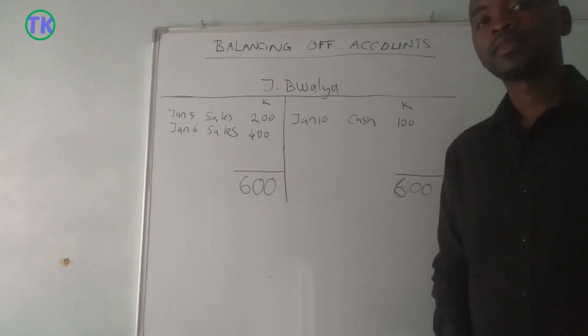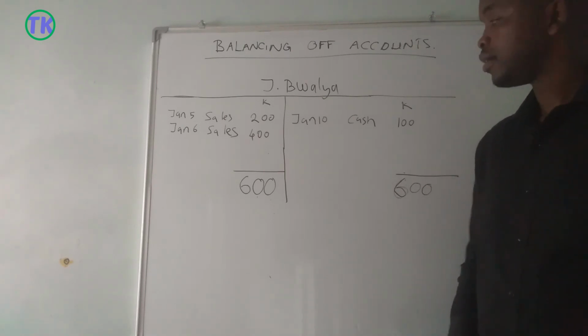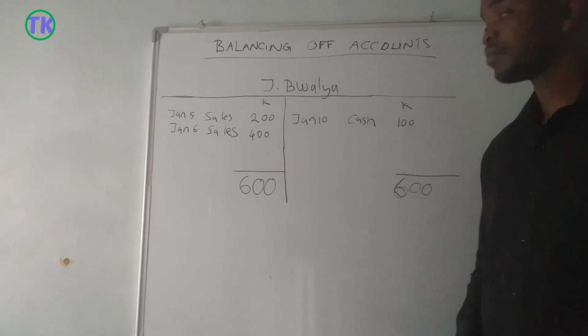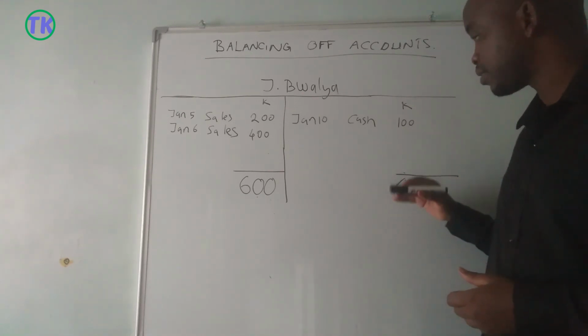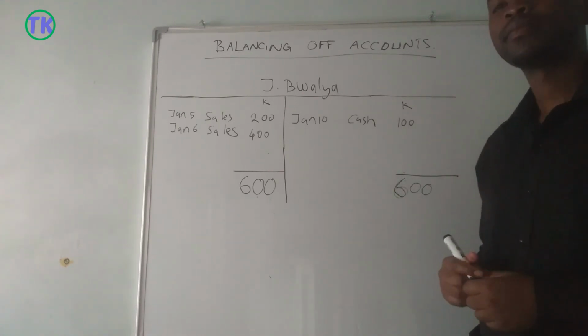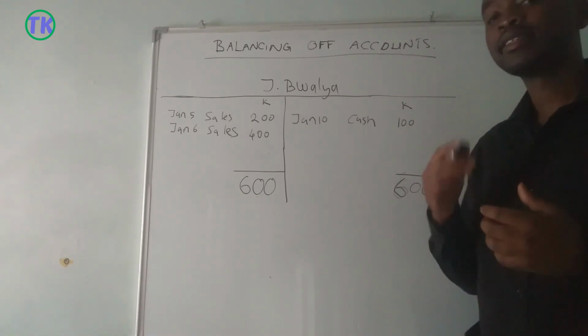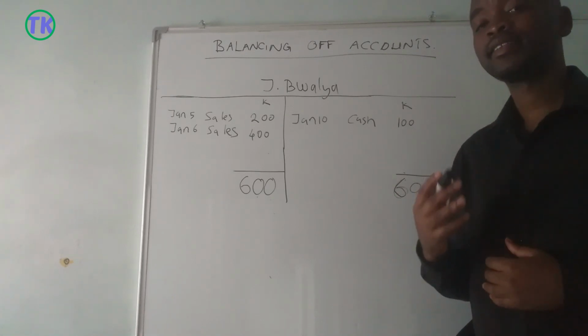Now, we still have a difference on the credit side. The difference here is 500, after we subtract 100 from 600. This needs to be indicated, and it has the detail of balance carried down.